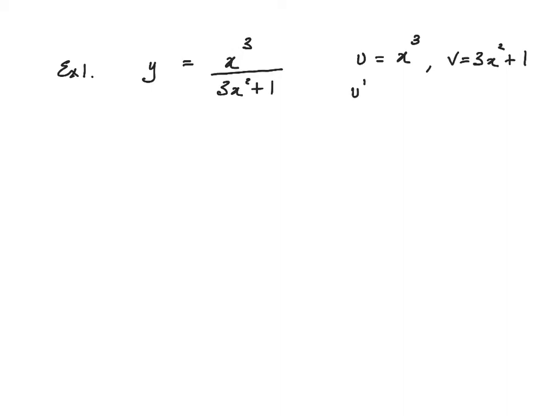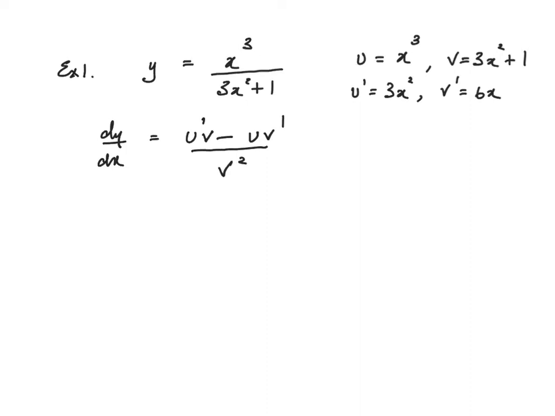U dash is 3x squared and v dash is 3 times 2, that's 6x. dy by dx, the formula can be quite tricky to remember, so you differentiate the first, leave the second, then you subtract, leave the first, differentiate the second, and you divide by v squared, the second.